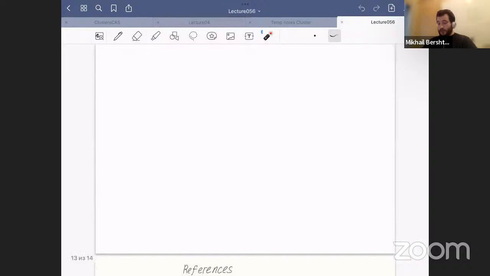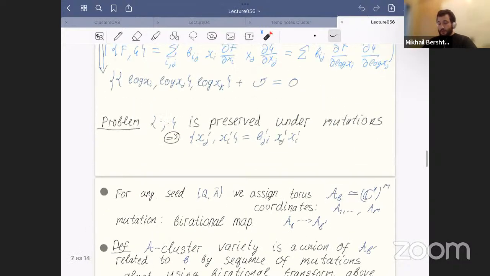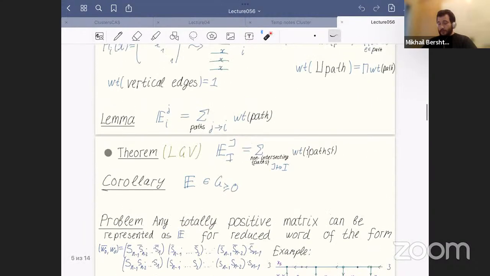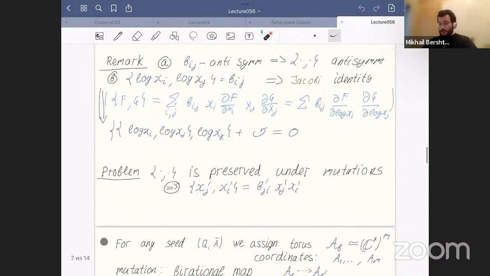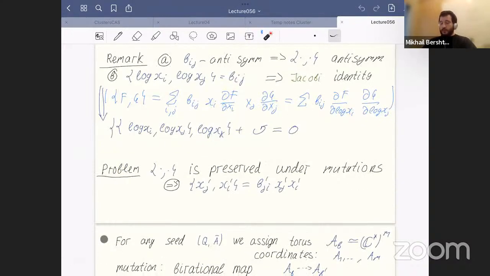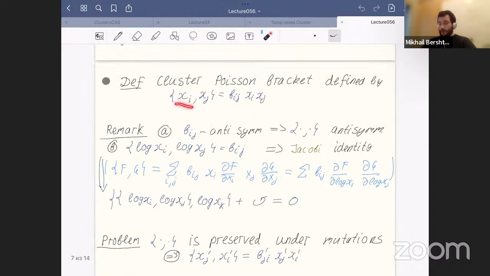Okay, now let me return to the topic which we discussed last time. After some talk about positivity, we started to discuss Poisson structures. So first we defined the cluster Poisson structure.